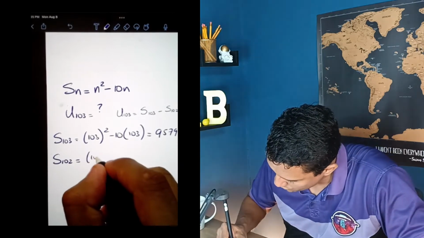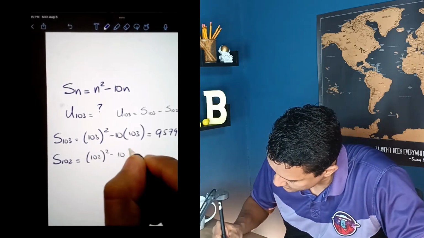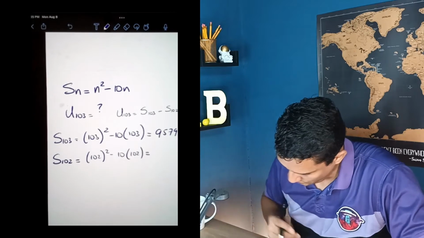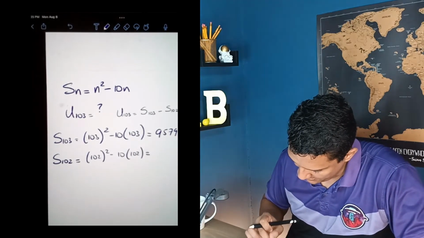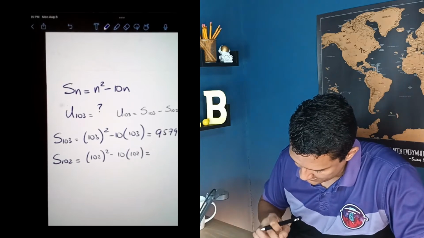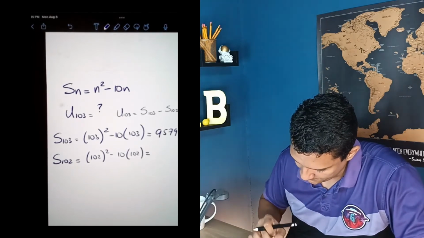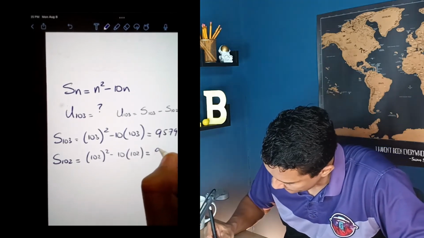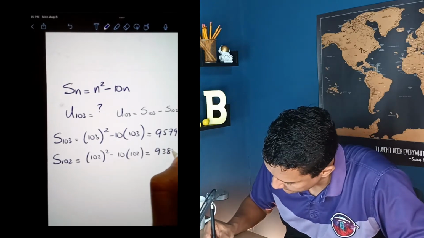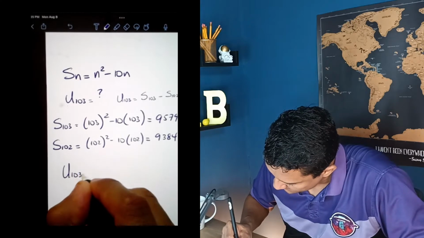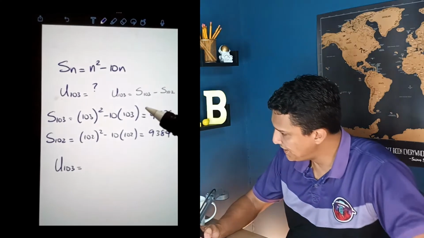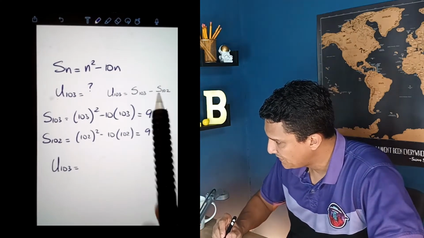Now I'm going to find the 102nd term. So 102 to the second power minus 10 times 102, and that is 9,384. Now I'm going to use this idea that we have here.